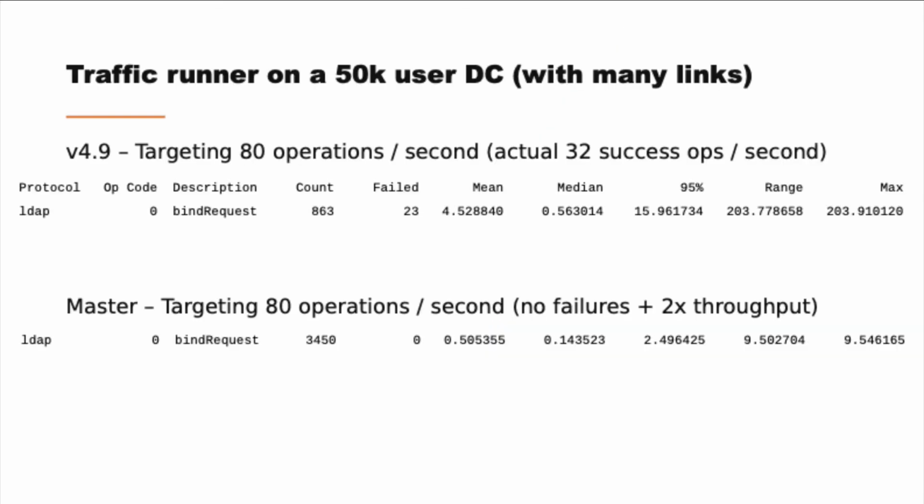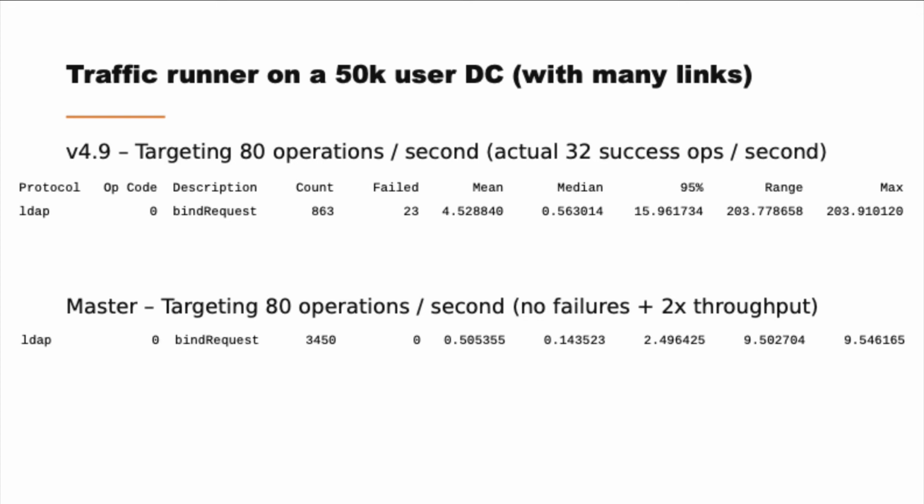So we've been doing some more performance runs on a 50,000 user DC in our worst case, which is generally with a lot of links. And instead of targeting the maximum operations, I set it to something more conservative. In 4.9, it's not that great. A lot of calls fail. The mean is 4 seconds for an LDAP bind.